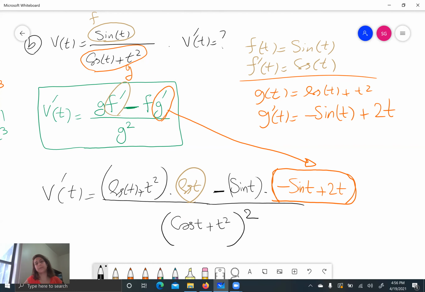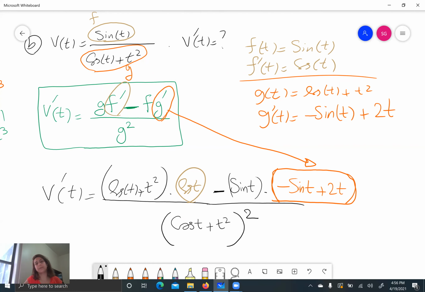Cosine gives me negative sine of x, and the derivative of 2 is 0, over cosine of x plus 2 squared. So that's it. We already applied the quotient rule and the product rule, and you can either leave your answer like this, or if you want, you can simplify the final answer. So I'm going to simplify as much as possible.